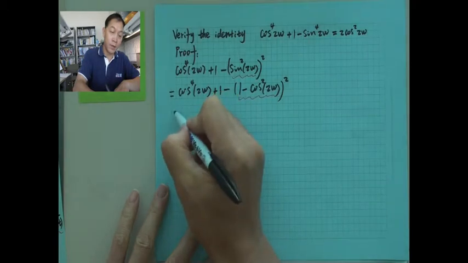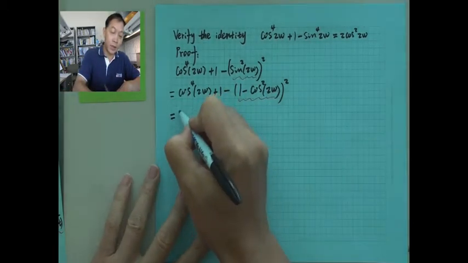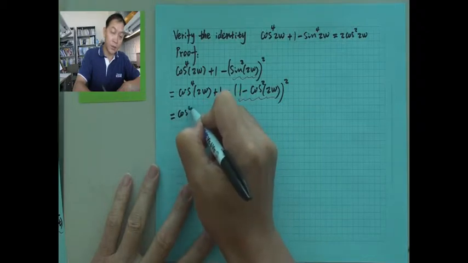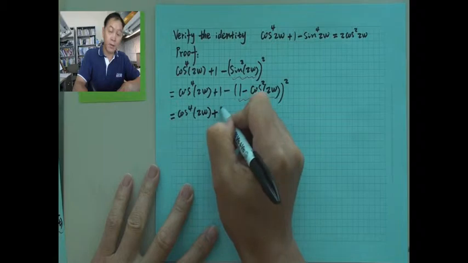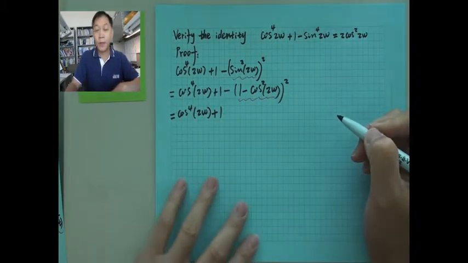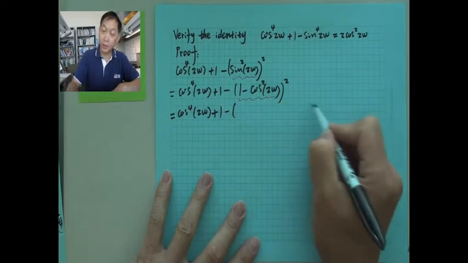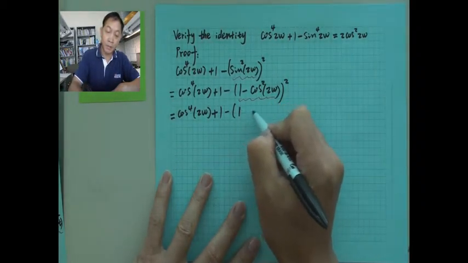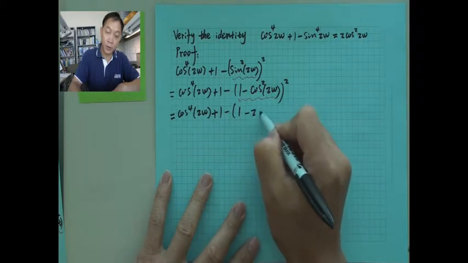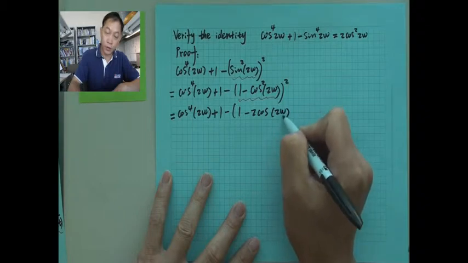Everything is used. Again, you didn't do anything, you just copy it. FOIL this one out, minus. Keep everything in the parentheses.